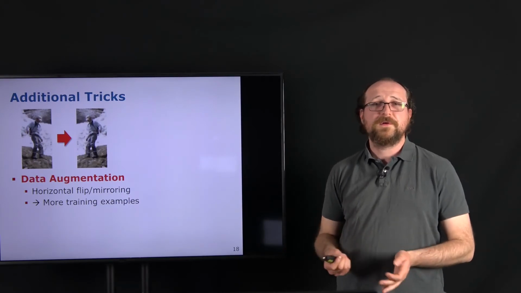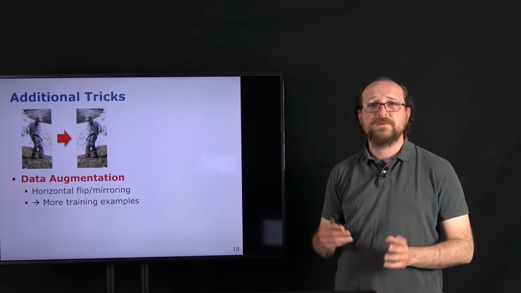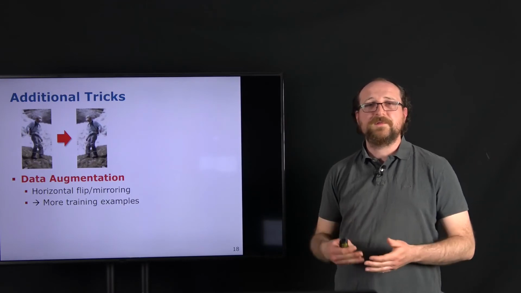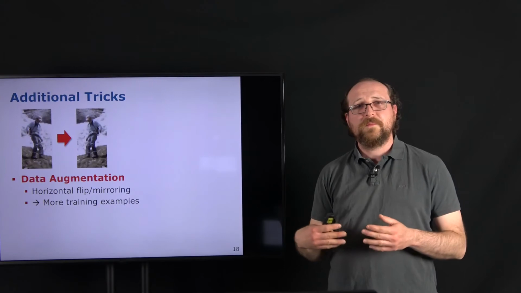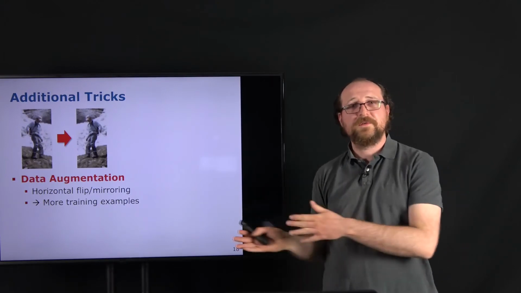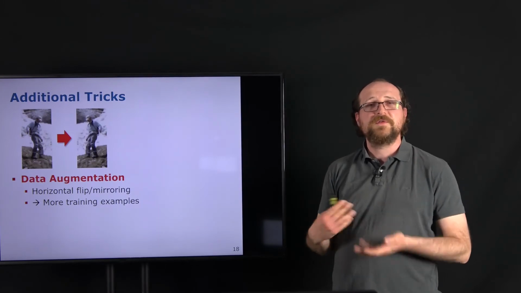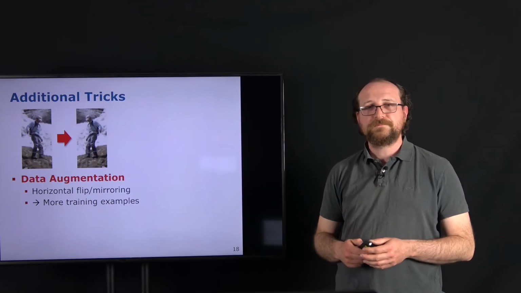One simple data augmentation that you can do for upright standing pedestrians is to flip the image. Because for the classifier, it should not make a difference if a person is facing in this direction or in this direction. Therefore you can basically double the size of the training examples by just flipping the images.